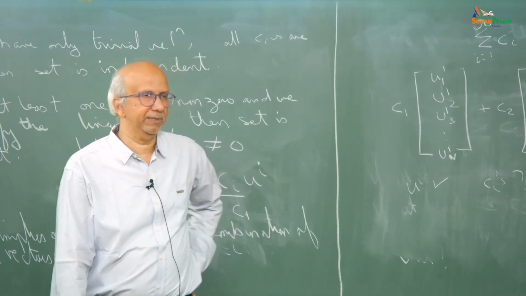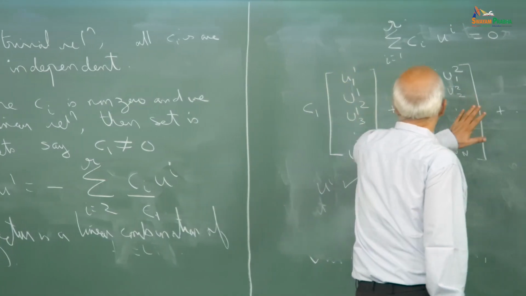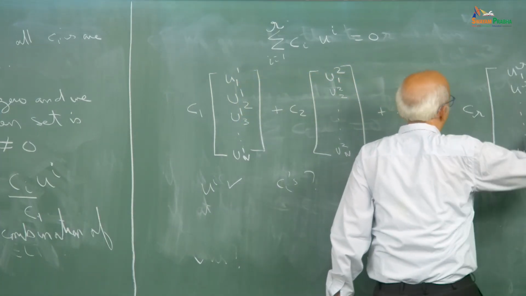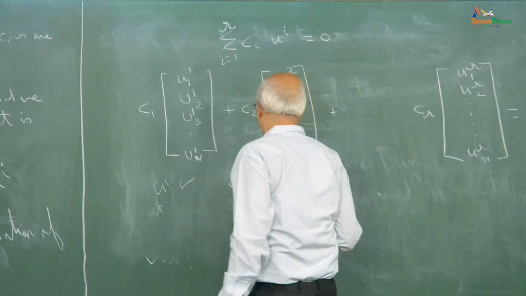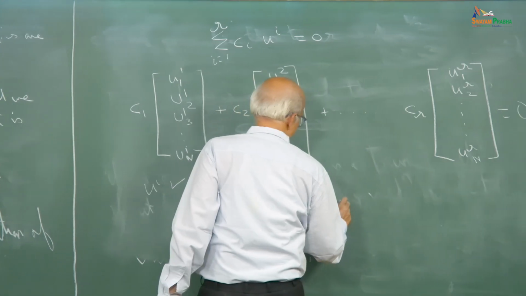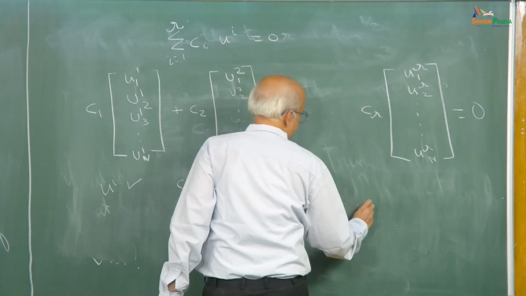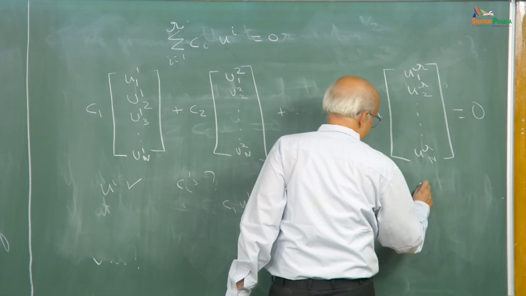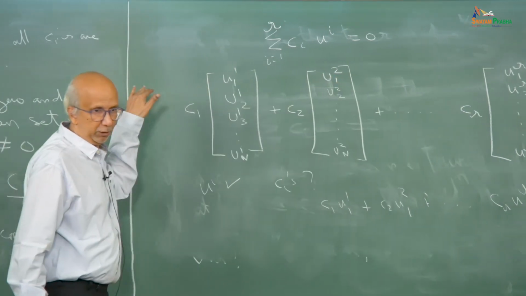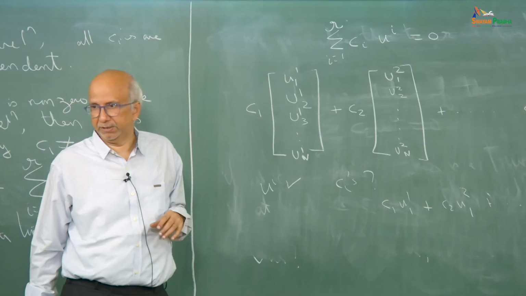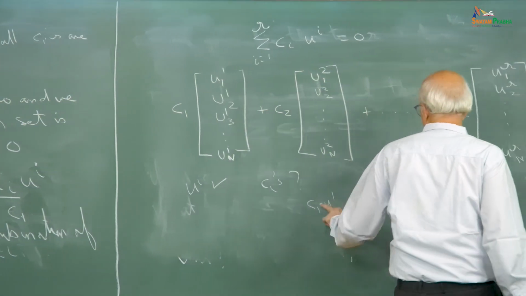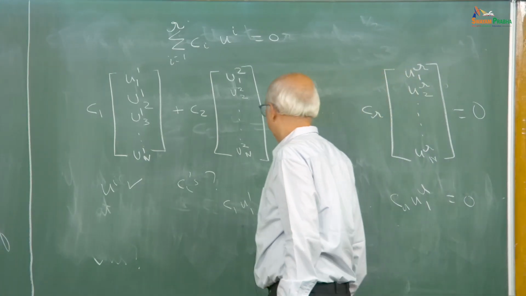This equation is basically also going to be a 0 vector here. So, this is going to be an equation of the form C1 U11 plus C2 U21 plus CR UR1 equal to 0. That is the first. What have I done? I am just taking the first coordinate and summing over the different vectors.